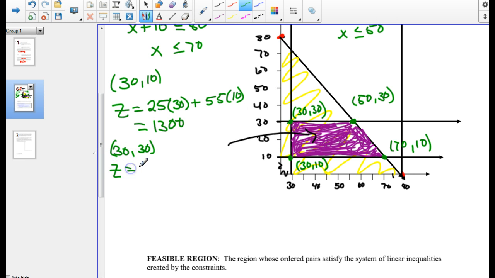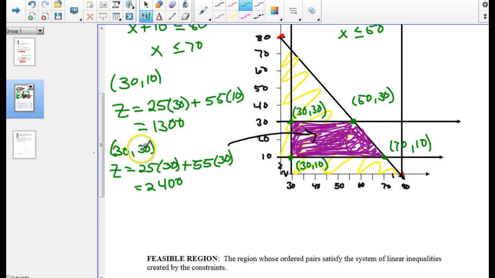So z equals 25 times 30 plus 55 times 30. Ooh, I did that wrong. You get 2,400.